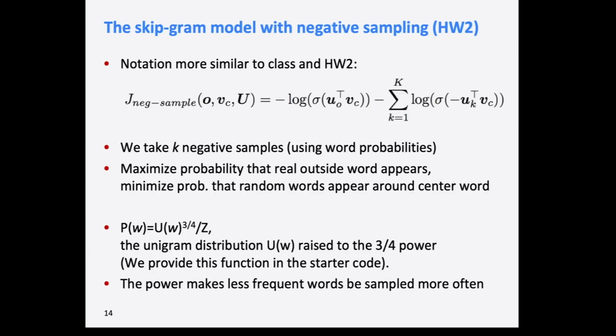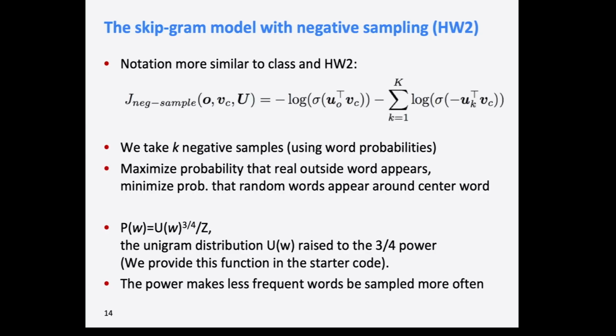So those are called unigram counts. And so you start off with unigram counts, but then you raise them to the 3/4 power. And raising to the 3/4 power has the effect of decreasing how often you sample very common words and increasing how often you sample rarer words. Okay, so that's everything about word2vec I'm going to say.